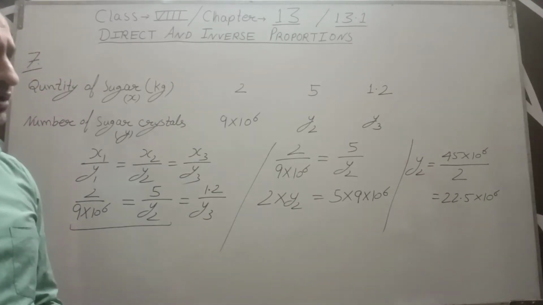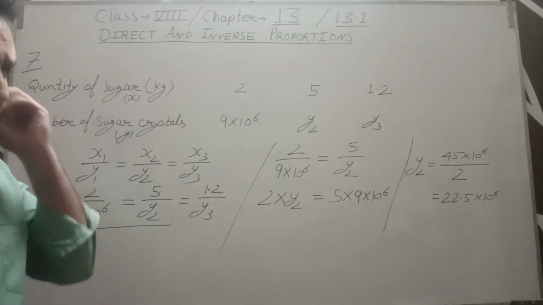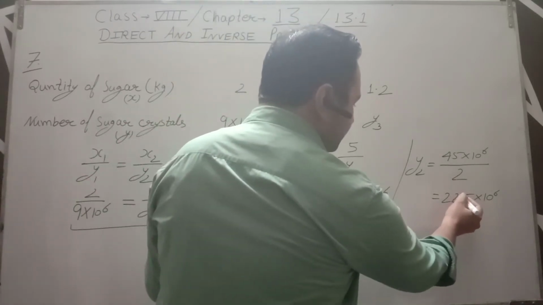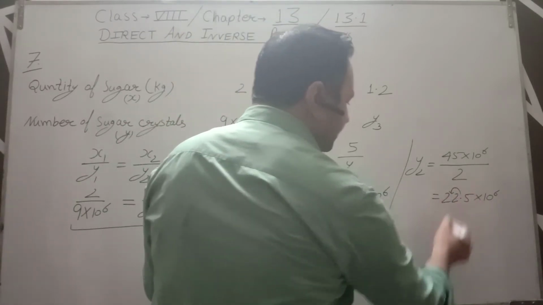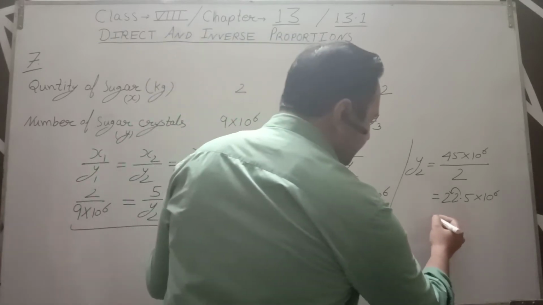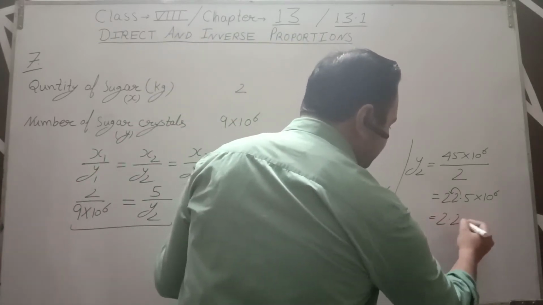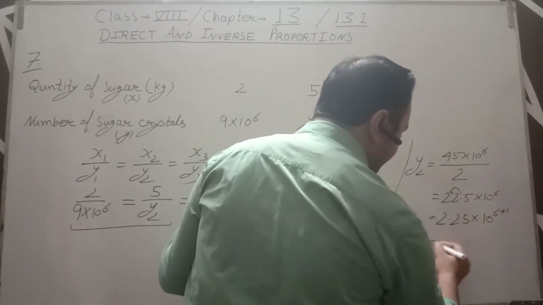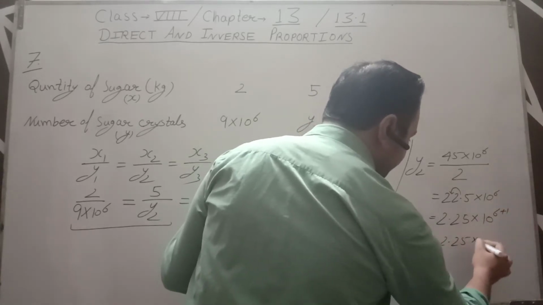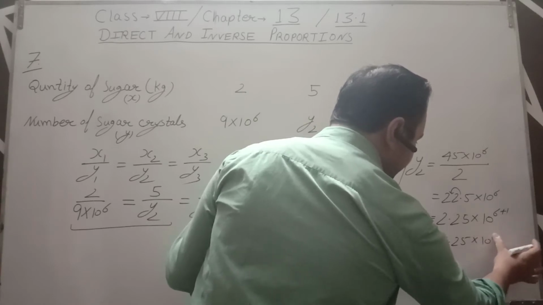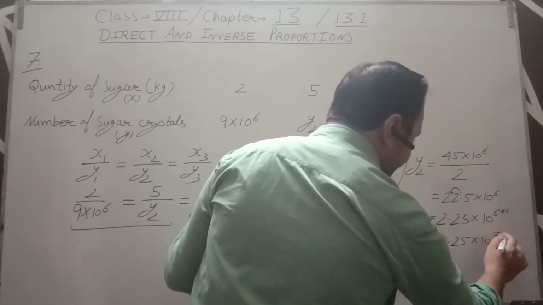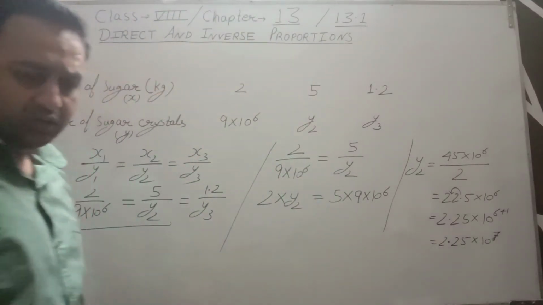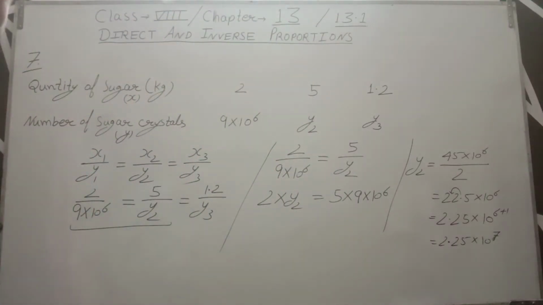But in the chapter on exponents we studied that we can note it in scientific notation, and in scientific notation the decimal comes after one digit. So the answer is 2.25 multiply 10 to the power 7. So these are the number of crystal particles in 5 kg sugar. I hope this part is clear.